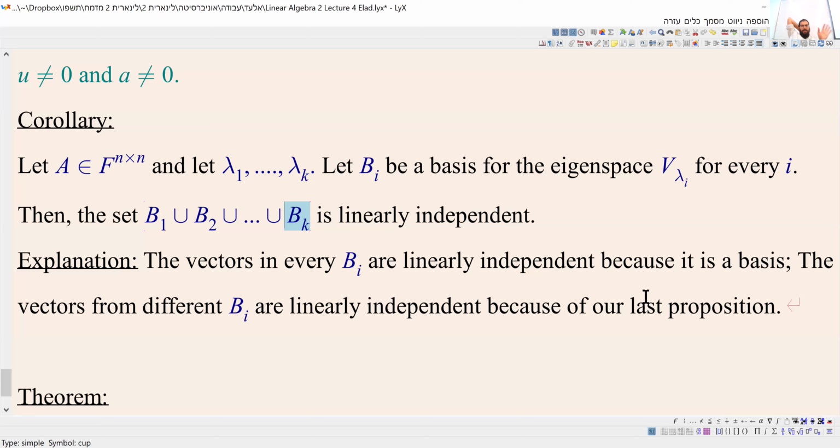Now, formally, we should write B1 as the vectors V11 to V1t, and B2 as V21 and so on, write a long, nice, thick equation, set the combination to 0, and prove that all the coefficients are 0, by the definition of linear independence. But the explanation speaks for itself. It's just long, tiresome writing.